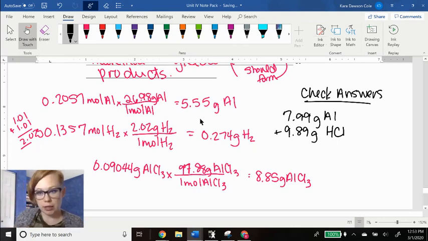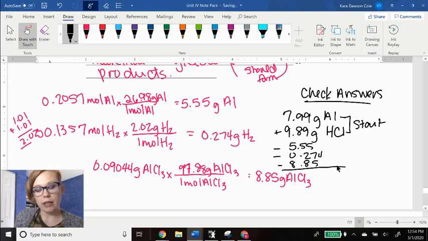So this is my starting stuff, right? Start. All of this stuff is my ending stuff. So then I'm going to subtract out all of my ending stuff. If I equal out to be 0, then I did this problem correctly.